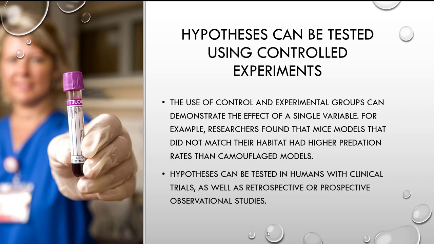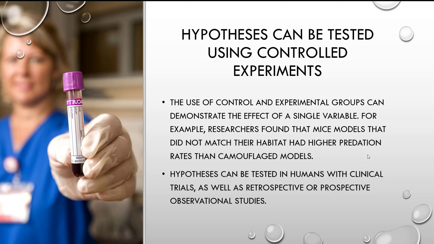So we're going to look at an example of a situation where, in this case, we have mice. And we're going to look at how researchers found that these mice, they didn't match their habitat, and they had higher predation rates than the camouflage model.